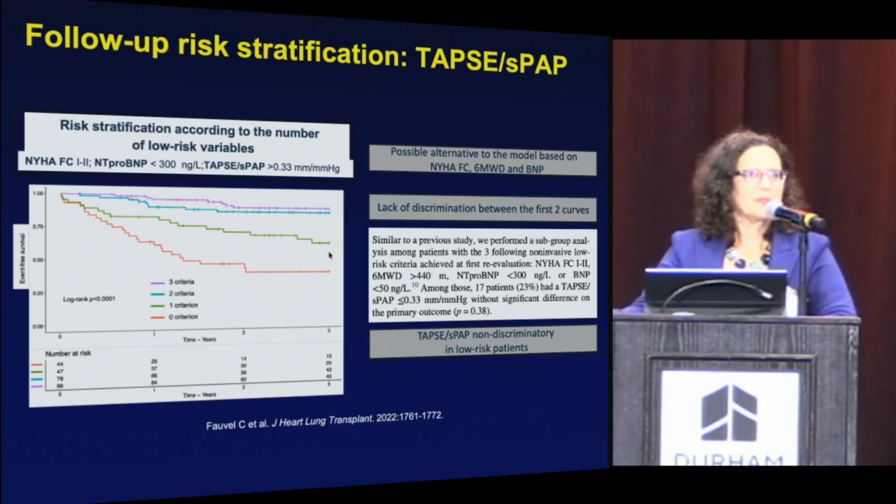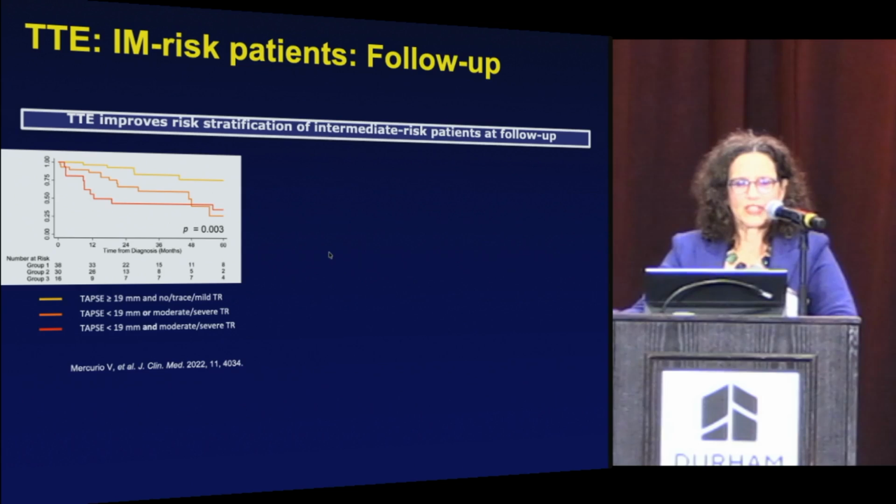I feel like TAPSE is maybe not the most reliable measure of RV function. You're really looking only at one place in the RV, and there's a lot more to the RV function than just where the tricuspid annulus is. And we've all talked for years about the limitations of systolic PAP, right? It's dependent on the jet. Whatever error you make is squared and multiplied by 4. So I personally don't love this one, but it's getting some attention.